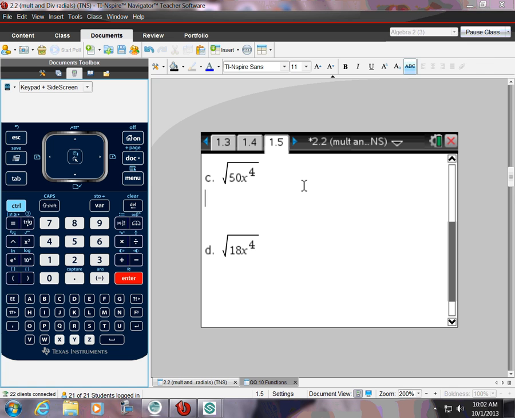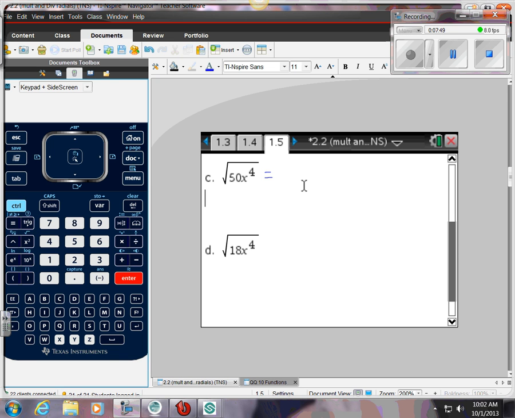All right, guys, tell me how you're going to break down square root of 50. 25 and 2. Do you need to break down the square root of x to the 4th? No, because that index already divides into the power. You don't have to split that apart. If you did, fine, you'll get the same answers. You're just making more work for yourself. So if it already divides in, then leave it alone.